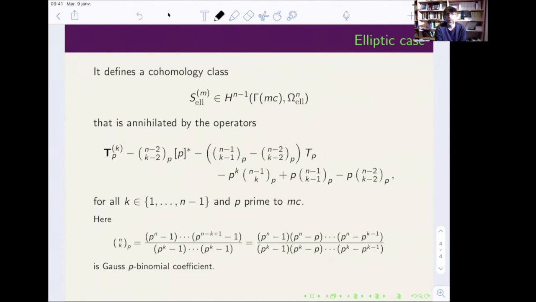The formula is a bit complicated because for GLn you have n-1 Hecke operators, and this one is the Hecke operators on these groups, and the T_p are the usual Hecke operators on the tau variables.